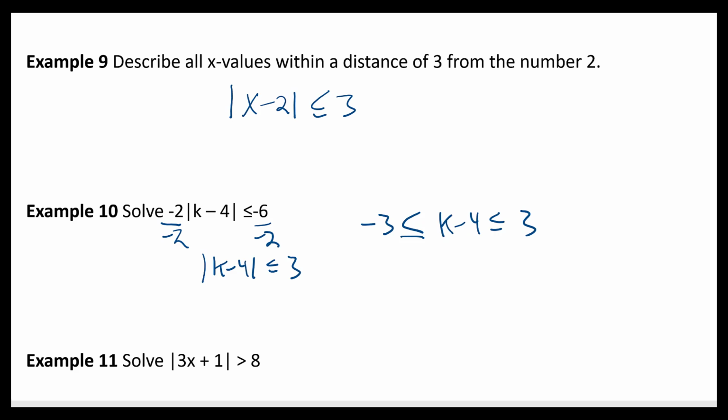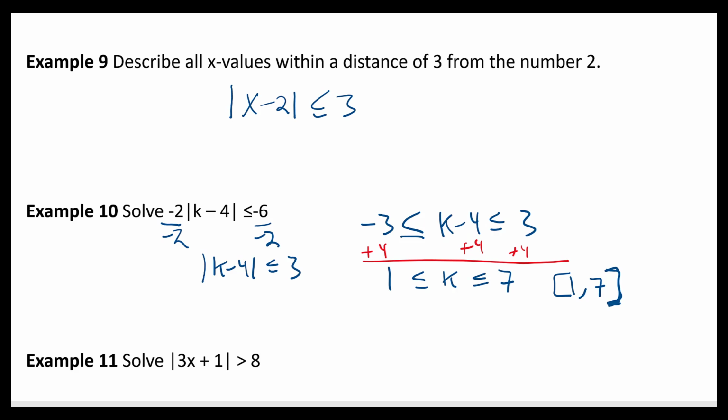Then I will add 4 to all these parts. And I have 1 is less than or equal to k less than or equal to 7. So it's going to be from 1 to 7 like that. Well, they didn't say to do interval notation, but I can't help myself.